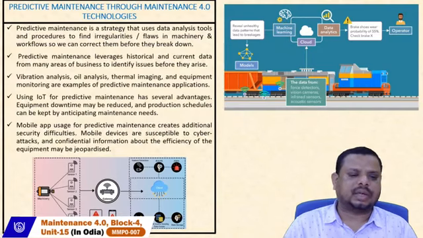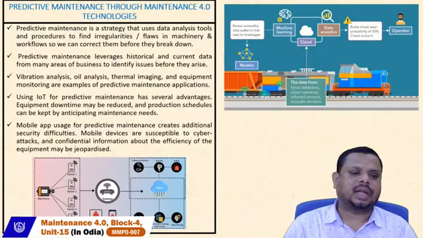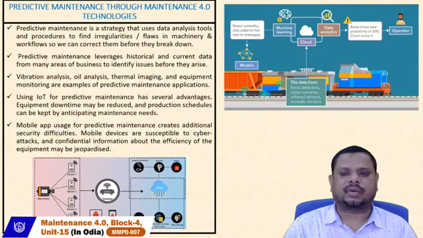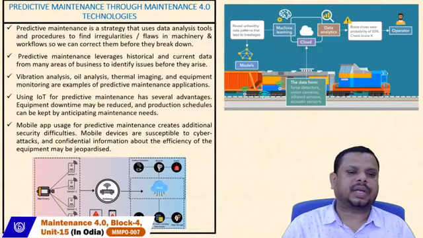So as a result, with the help of computers or a mobile app, you can easily track the various irregularities and flaws in the machinery, so that before any irregularity arises, it can be easily corrected. Mobile apps used for predictive maintenance create additional security difficulties.